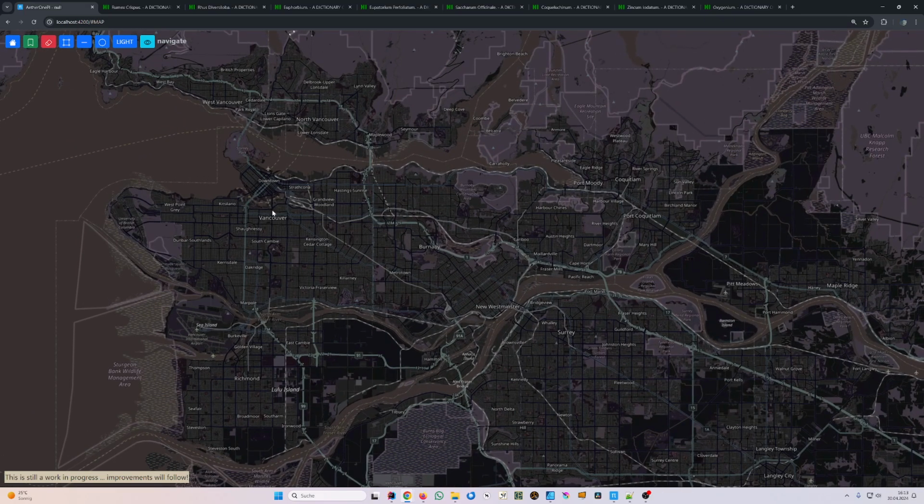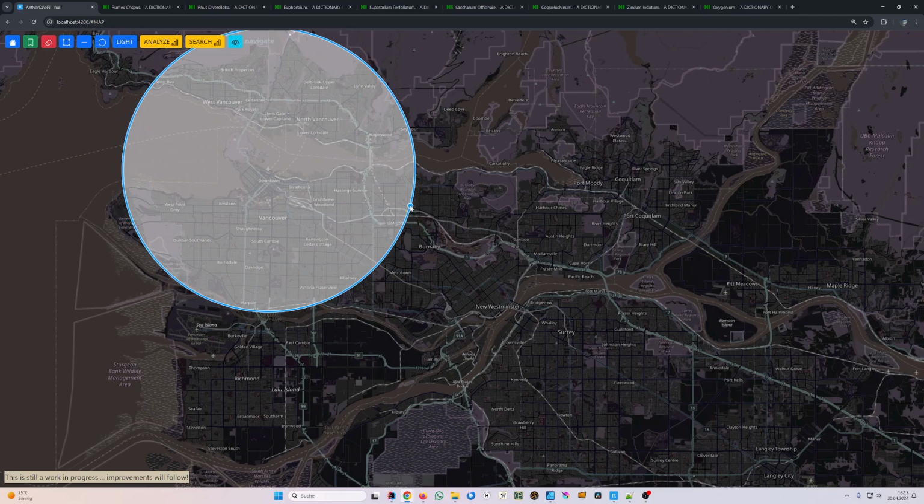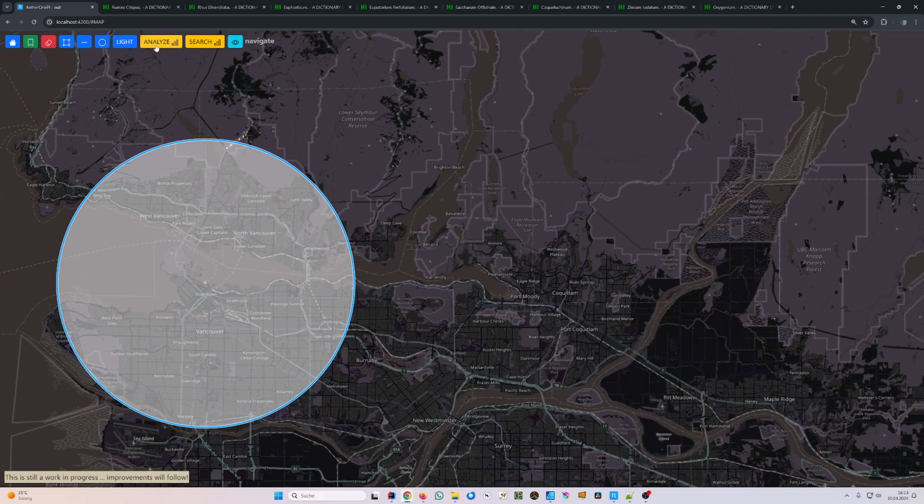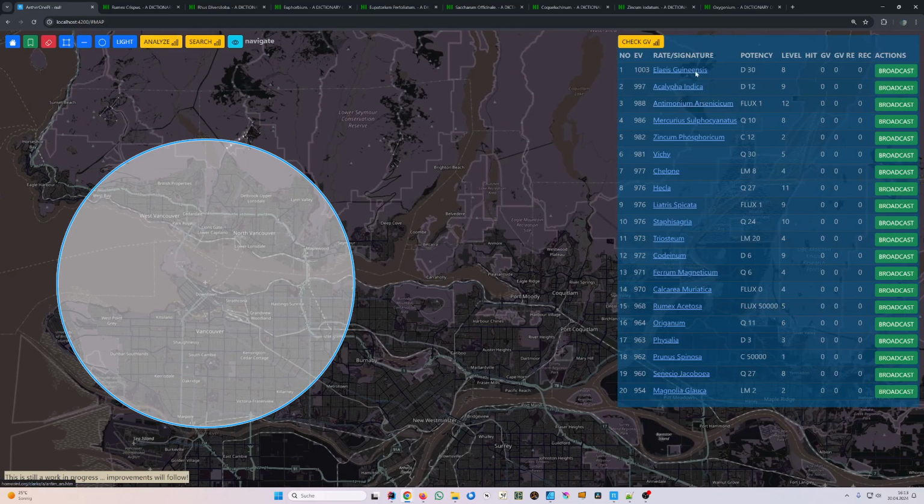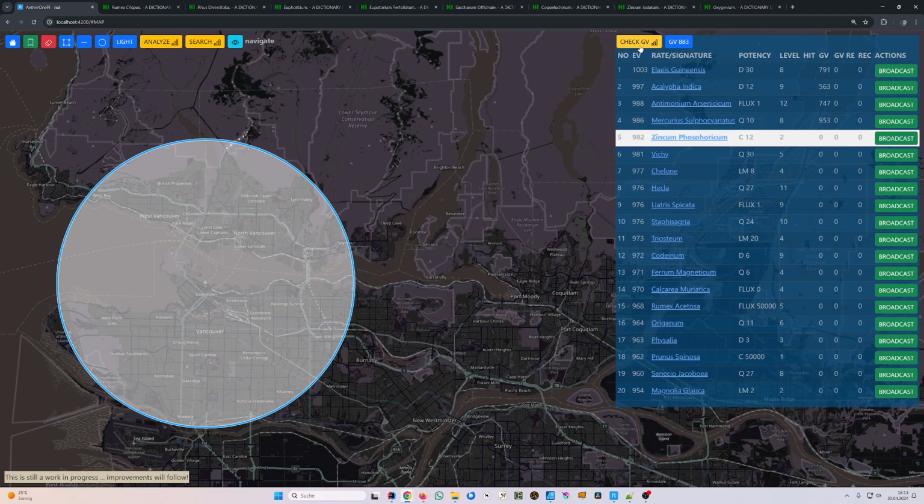The center of the stage, the center of the city is maybe here. I don't know Vancouver. I will take the airport as the center, like this, and click on Analyze, and again check for each rate.